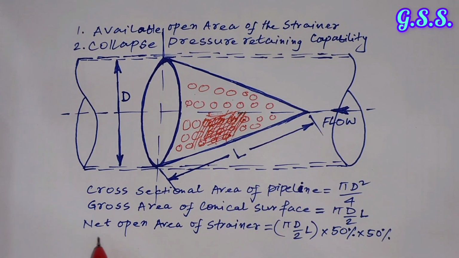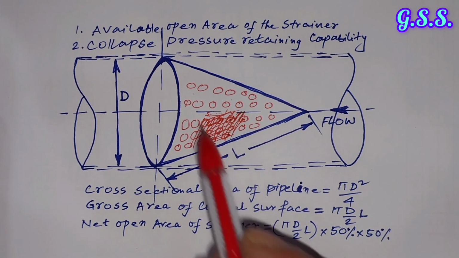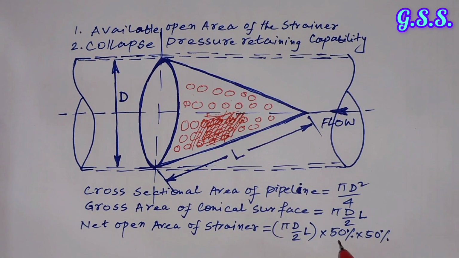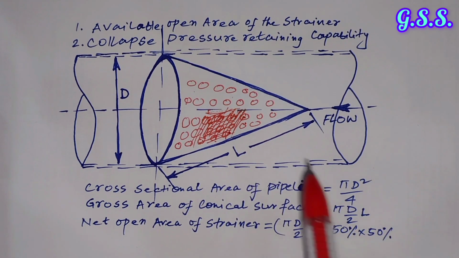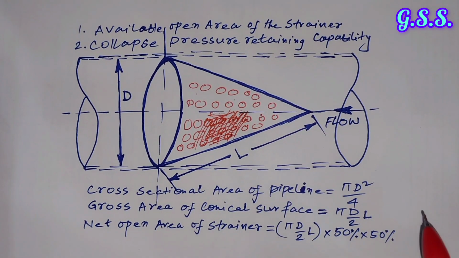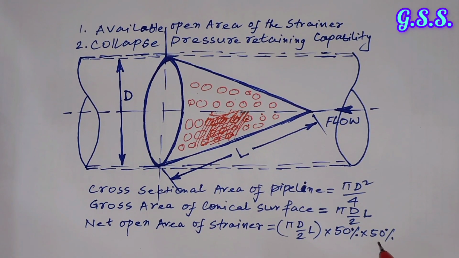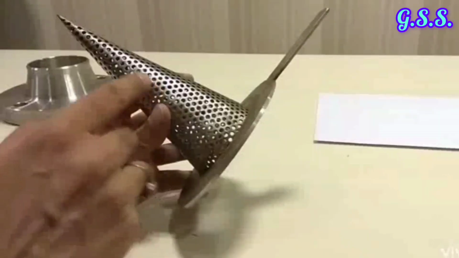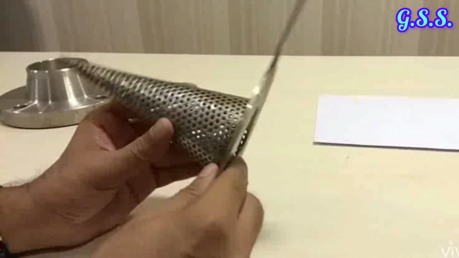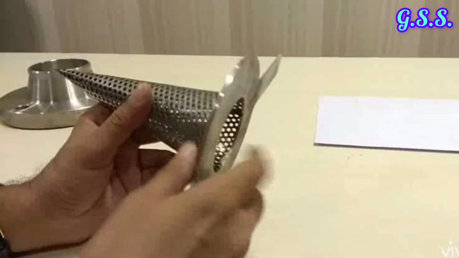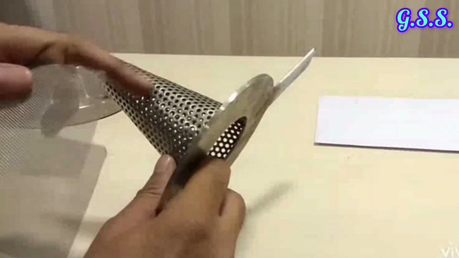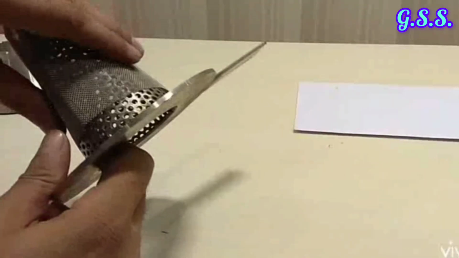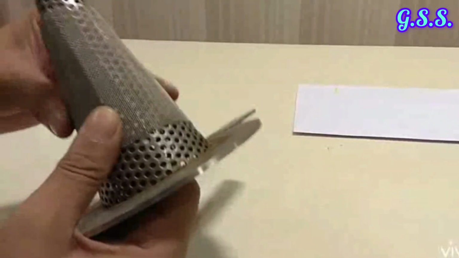So, the net open area of the strainer will be the surface area of the strainer, pi r L, into 50% opening due to this perforated sheet and another 50% opening due to the wire mesh or screen. Now you can see this is the perforated cone having perforated holes, and this is the stainless steel wire mesh which is wrapped over the perforated cone.